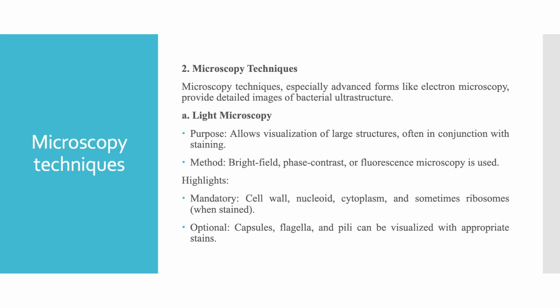Even if we use different dyes, both of them are red. The idea is that the ability of acid-resistant bacteria to retain the dye is higher because of this waxy layer. Higher than in gram-negative bacteria.